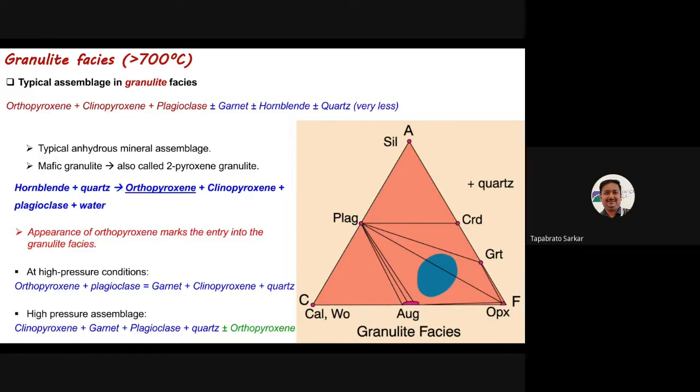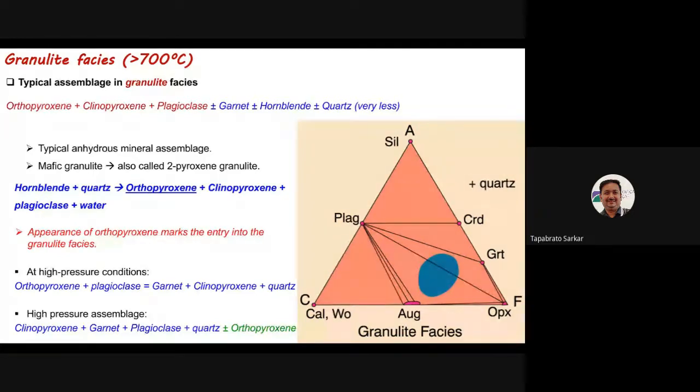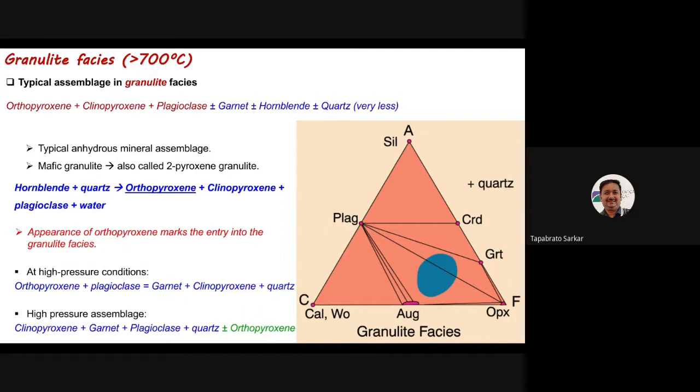Normally when you say granulite, it is a very commonly used term. There is no specific formula for how you use it, but many a time we refer to other bulk compositions as granulite as well, if they have metamorphosed in granulite facies conditions. Therefore, to distinguish this one from the others, we sometimes call it a mafic granulite.